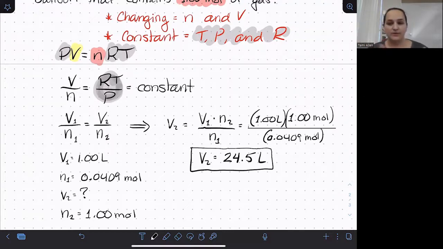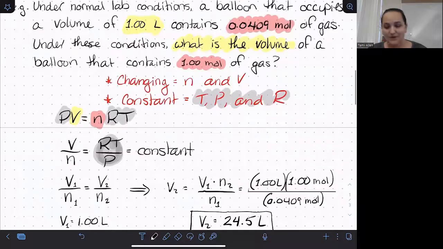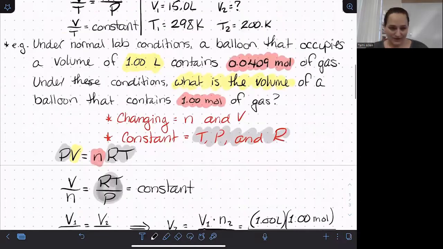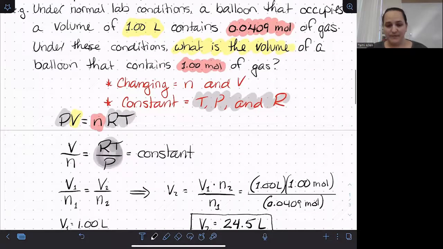So different variables, but same process. So we can start to see how the ideal gas law allows us to make relationships between any of these variables. As long as everything else is held constant, we're able to figure out how does moles affect volume, how does temperature affect volume, so on and so forth.